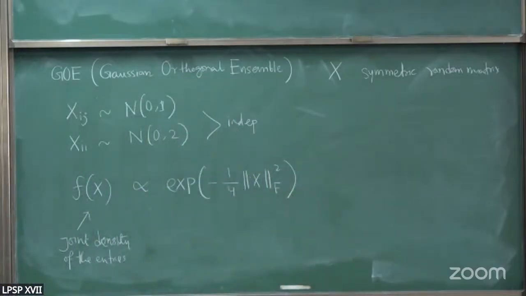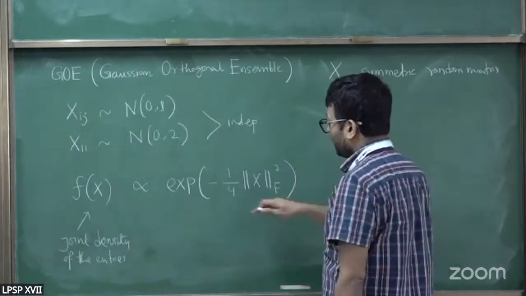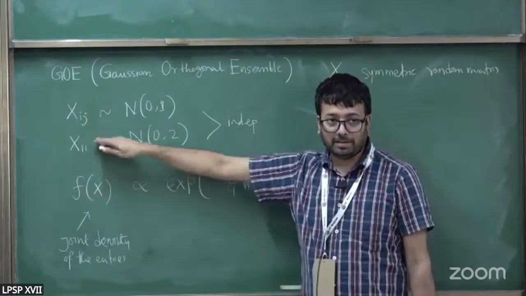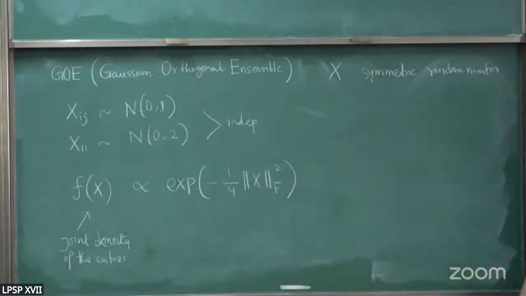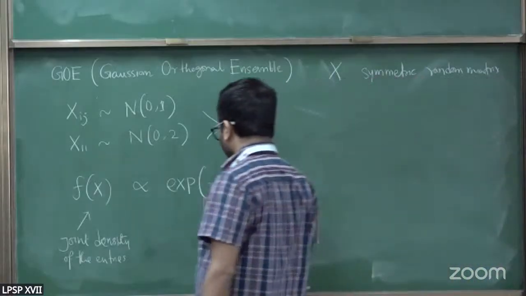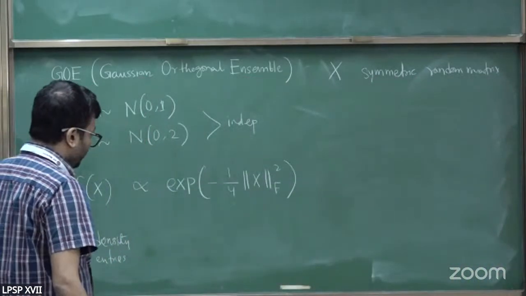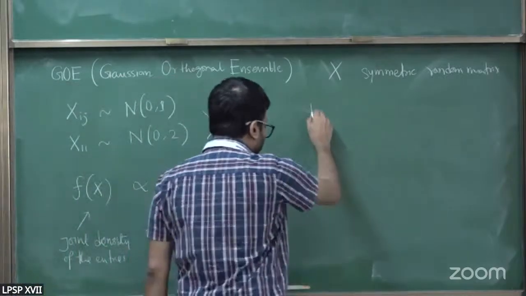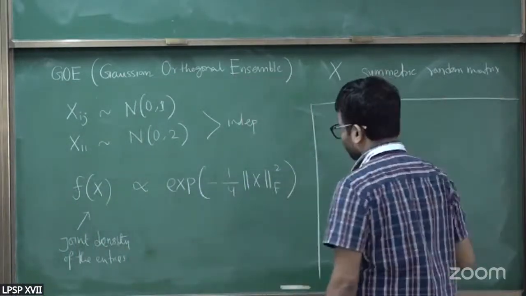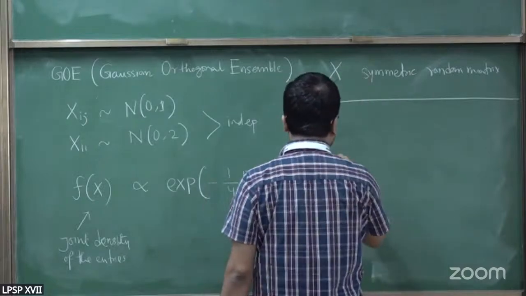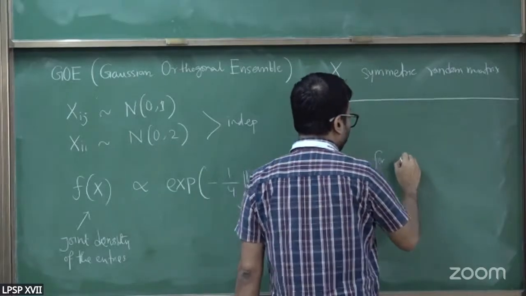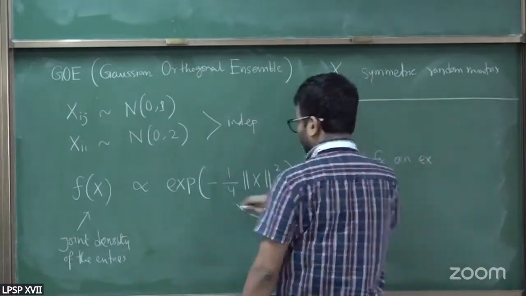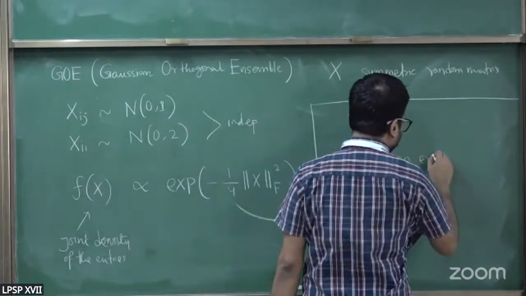We have a very nice form for the joint density of the entries with respect to the Lebesgue measure on the product space of all these dependent random variables. And as I was saying, this allows you an explicit computation of the joint density of the eigenvalues of this matrix.